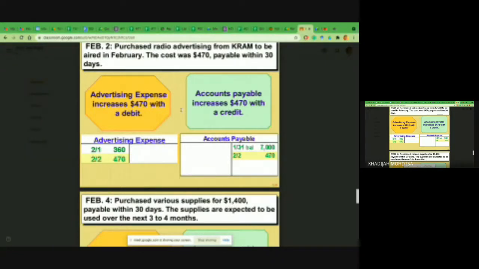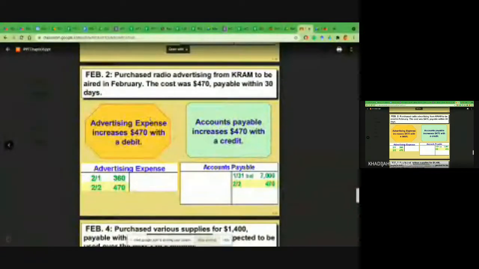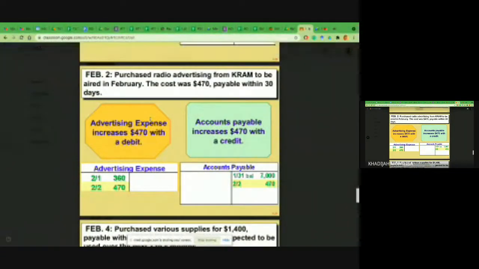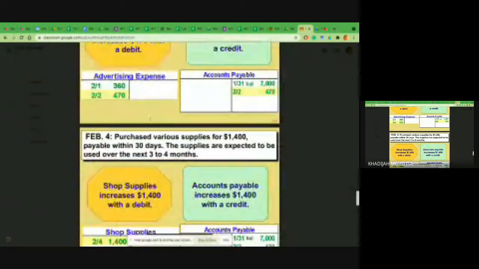Payable means that it's a liability, so you credit your accounts payable and debit your expense. So whenever you have a transaction, there must be a debit and credit. It could be debit and credit of assets. In this case, the debit is your expense, which is part of your retained earnings in owner's equity, and accounts payable is your liability. So you debit on one side and credit on the other side.